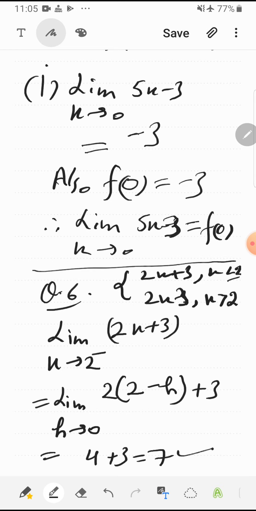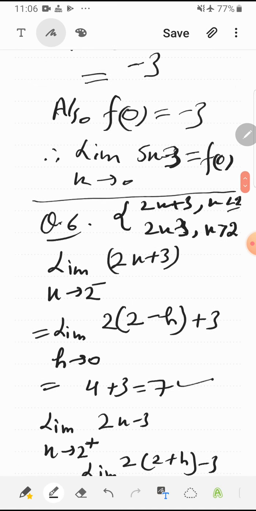So what is the left hand limit? Limit x approaches 2 negative. 2 negative means less than 2, and when I say less than 2, I am following the upper definition, which is 2x plus 3. The left hand limit rule says I have to put x as a minus h. A is 2, so I am putting 2 minus h. Normally we simplify the expression by cancelling common terms, but there is no situation here, so I have no option left other than putting h equal to 0.